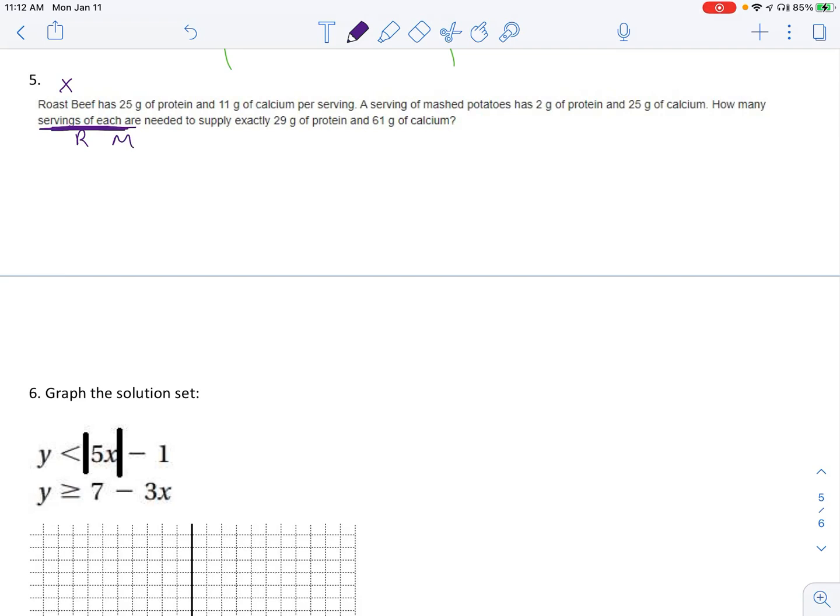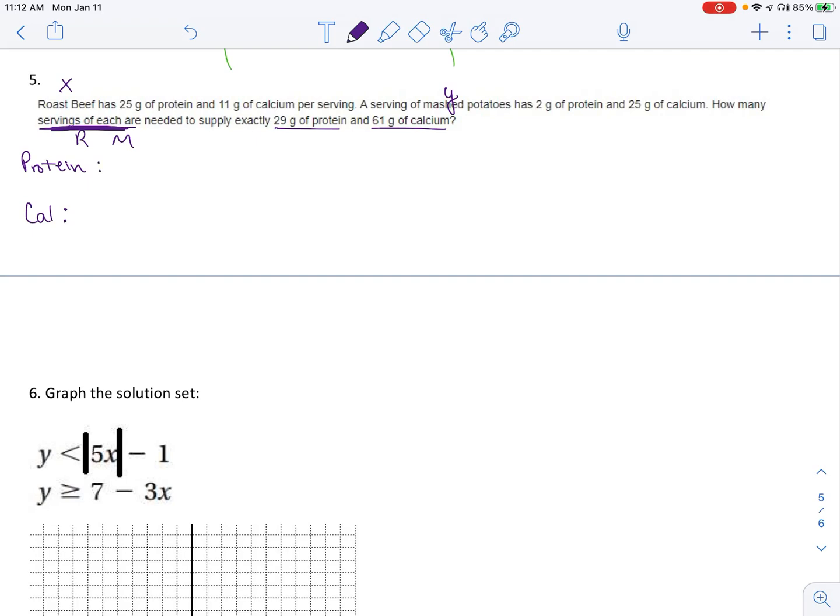So roast beef is going to be my x, mashed potatoes is going to be my y. That means I am going to have a protein equation, and I'm going to have a calcium equation.